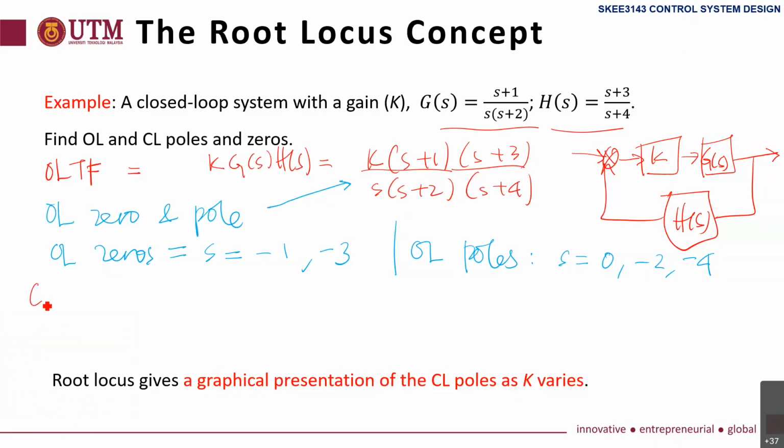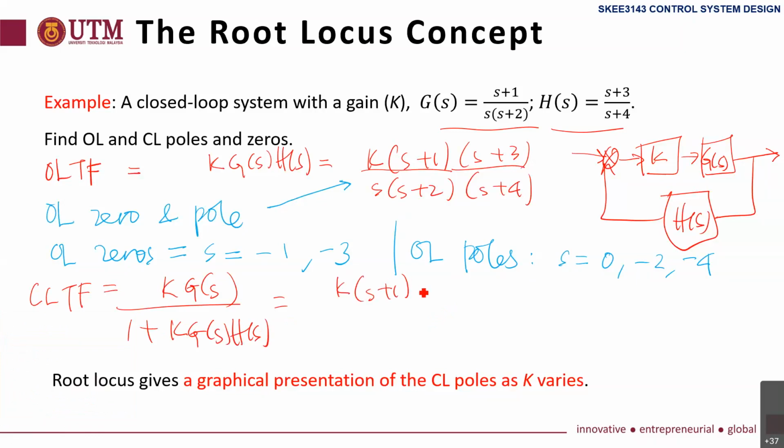Then let's find the closed loop transfer function. It is K G(S) over 1 plus K G(S) H(S). It will be more difficult, and more calculation is needed.